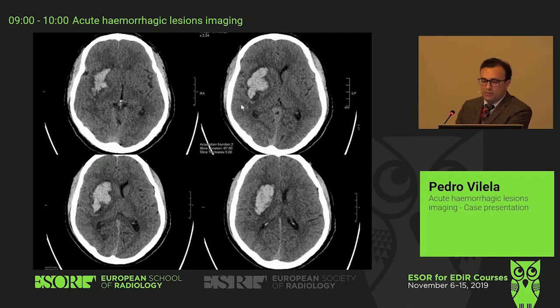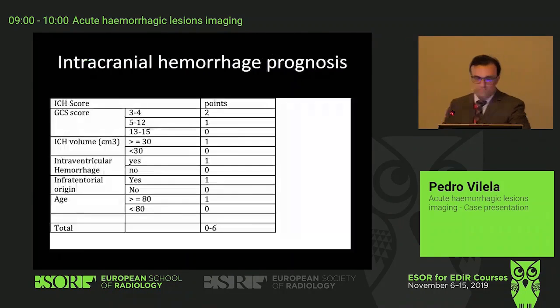Another thing that is important is, is there actually intraventricular bleeding? No. Because if there was intraventricular bleeding, the complication that we can have is what? Hydrocephalus. Very good. Okay? So this is one of the scores that we use to evaluate the prognosis of the patients.